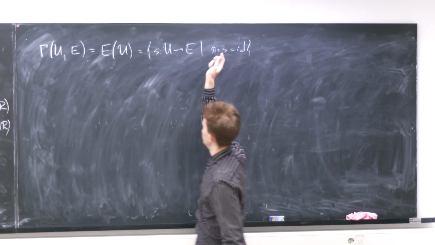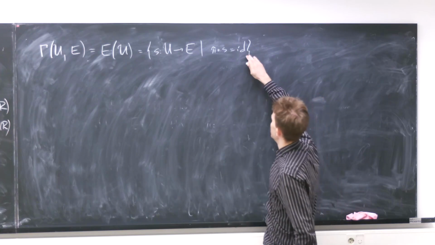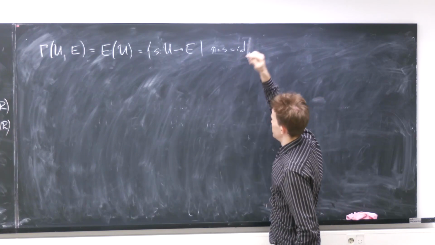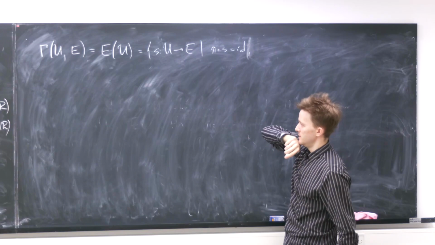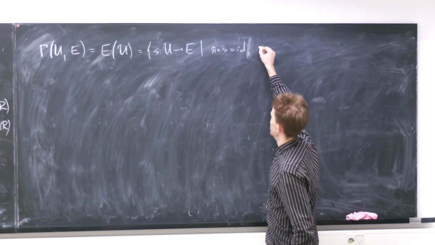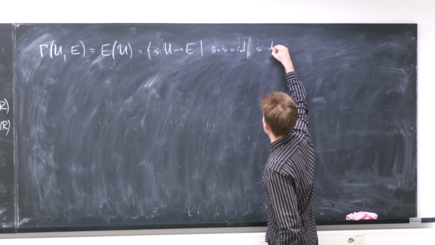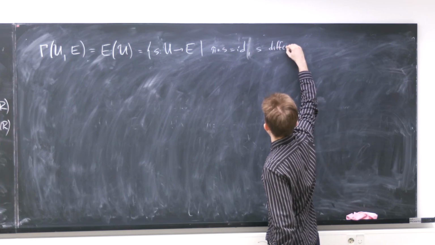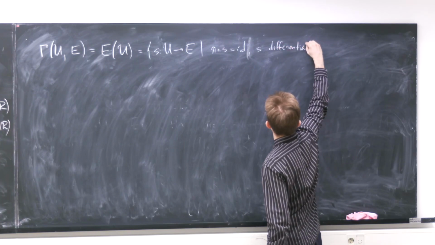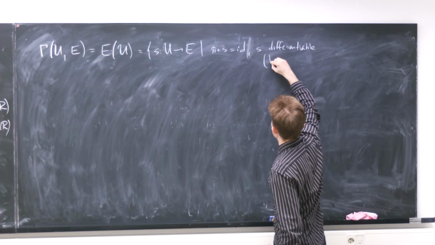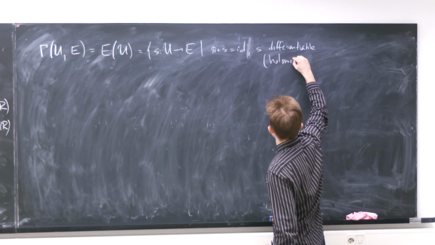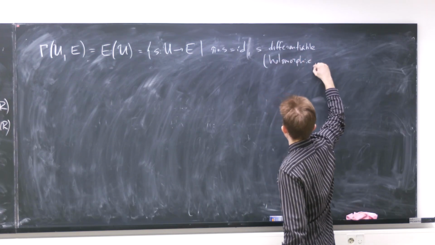Of course, s should also satisfy some natural conditions. For example, if E is a differentiable bundle, then s should also be a differentiable map, or probably holomorphic, real analytic, and so on.